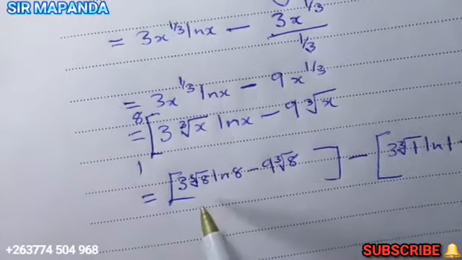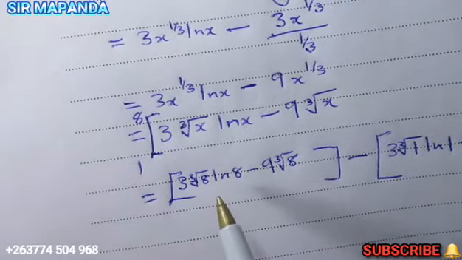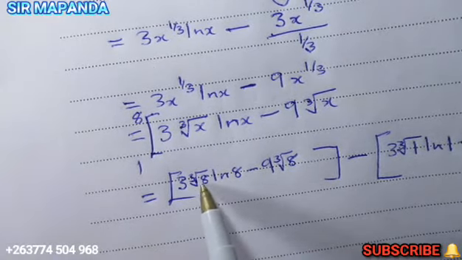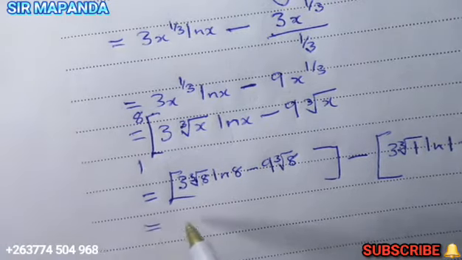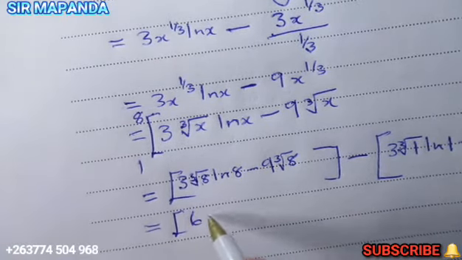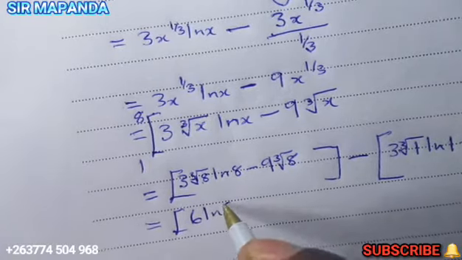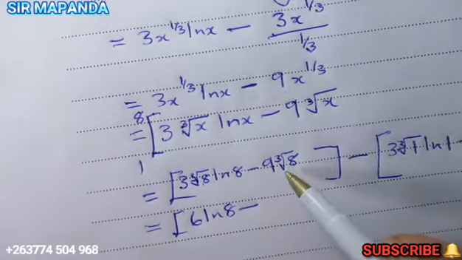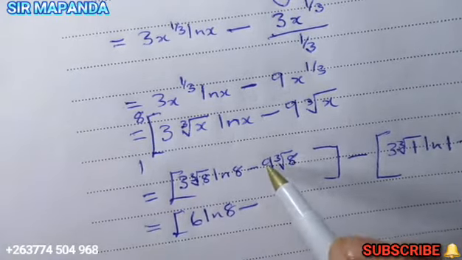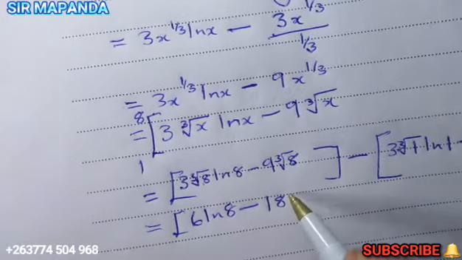So what is cube root of 8? Cube root of 8 is 2. You have to multiply 2 with these 3, right? You get 6 ln 8 minus cube root of 8 is 2, so 2 times 9 here, you get 18.